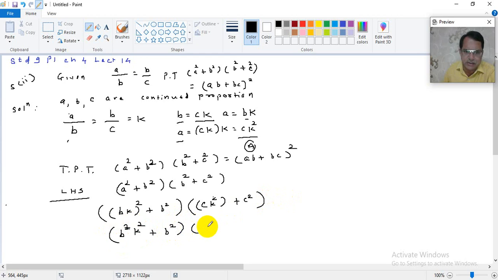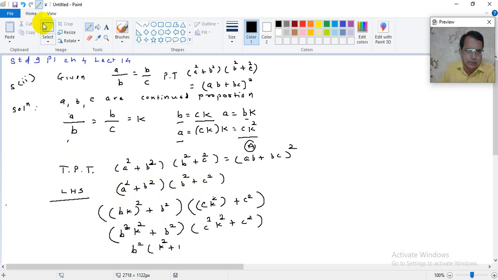And here it is C square K square plus C square. So here I can take B square common. So B square into bracket K square plus 1.